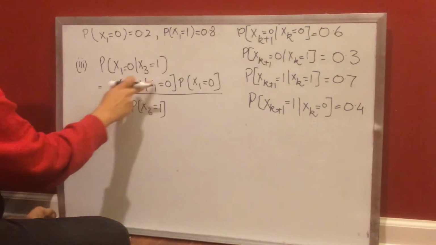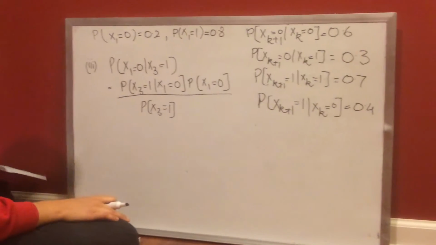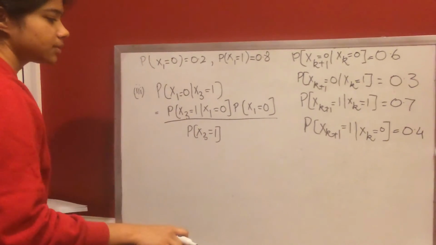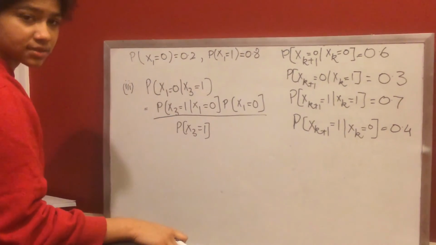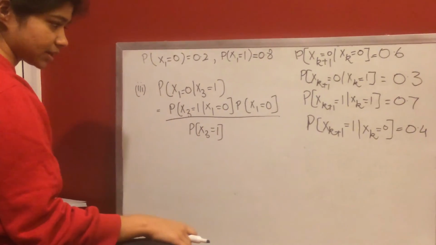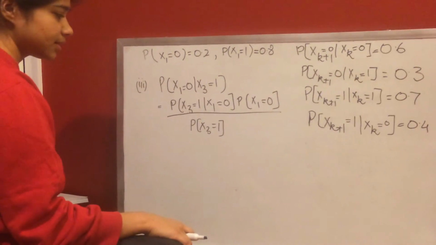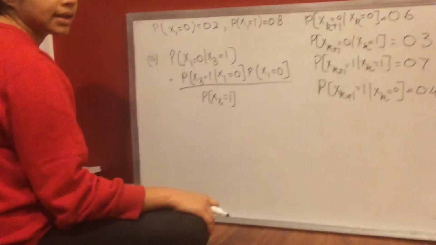Now, in order to find this probability, we will encounter two cases. The first case is x1 equals 0 and x2 is also equal to 0, and the other case is x1 equals 0 and x2 equals 1.